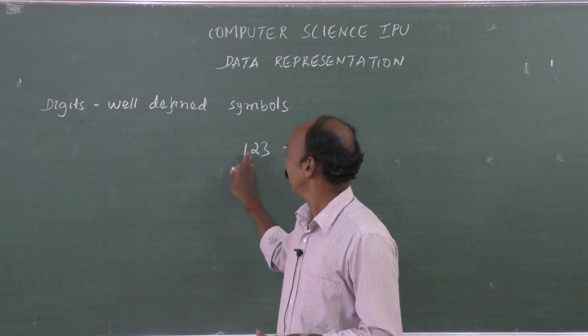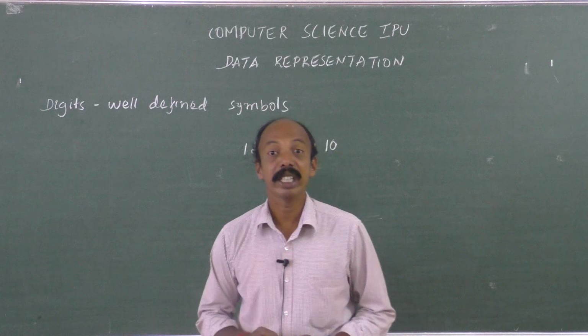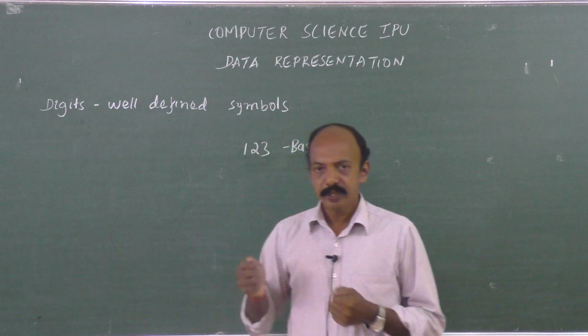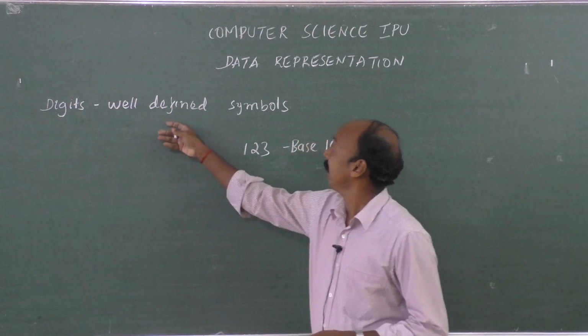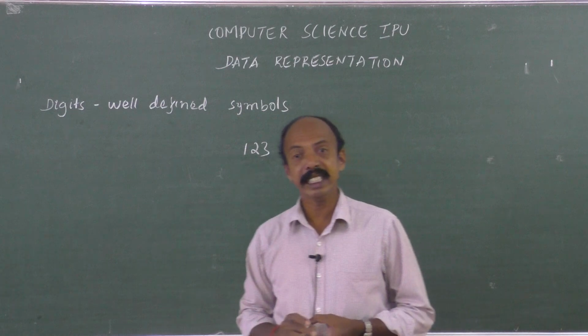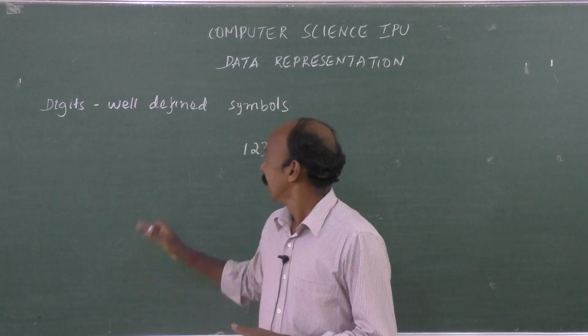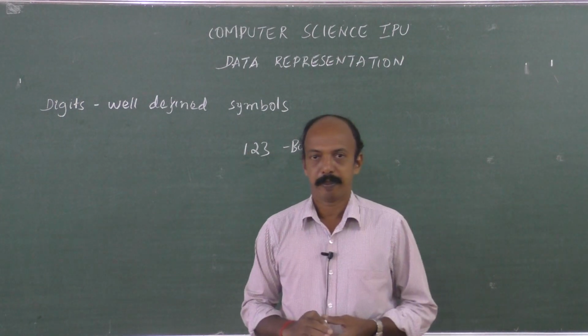So here 1, 2, 3 are all digits. So what's a digit? Digits are a set of well-defined symbols. We shall go deeper into that topic later on.